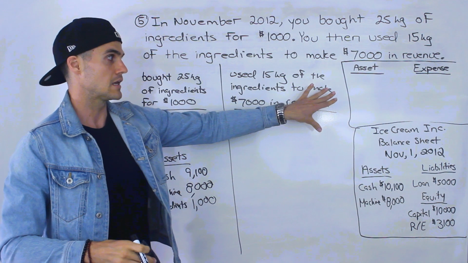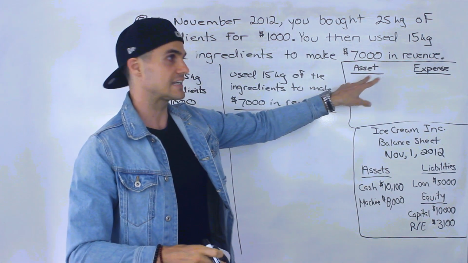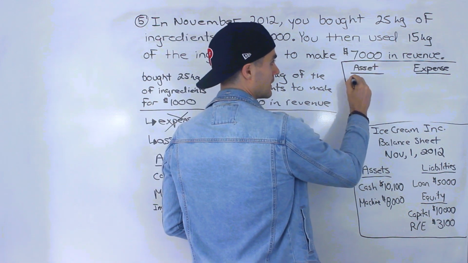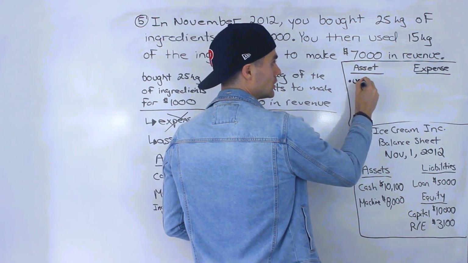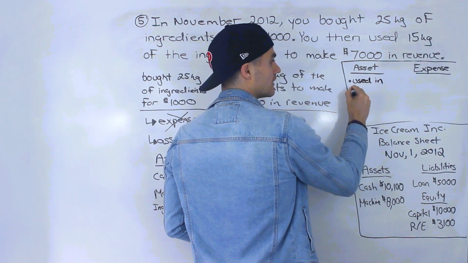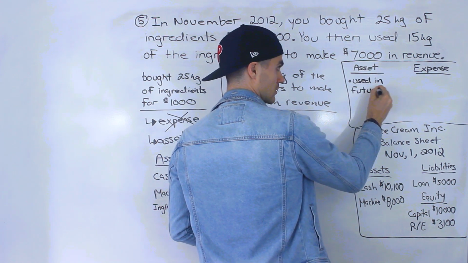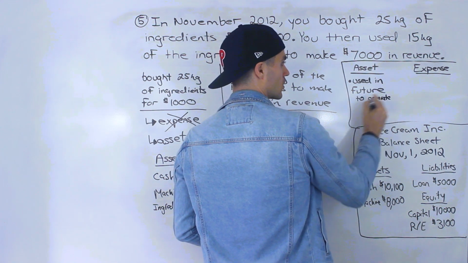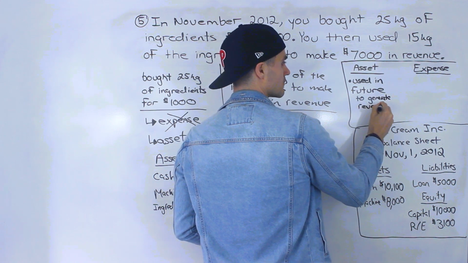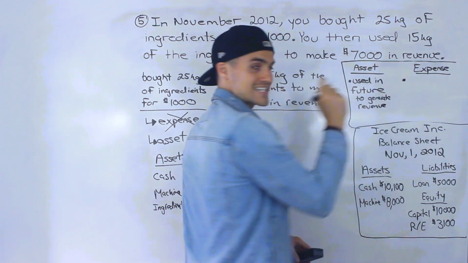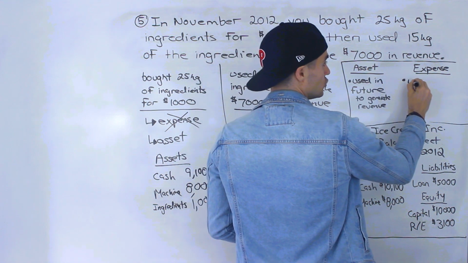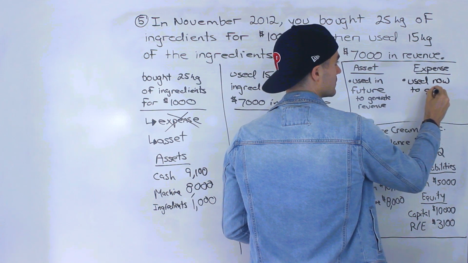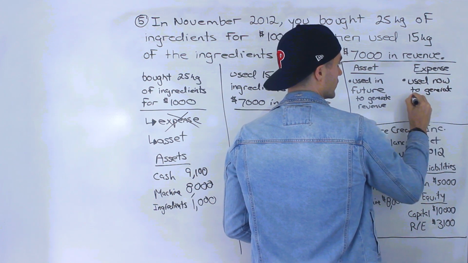But the biggest key difference between these two, the way I like to think about it simply, is that an asset is going to be used in the future to generate revenue, while an expense is used now to generate revenue.